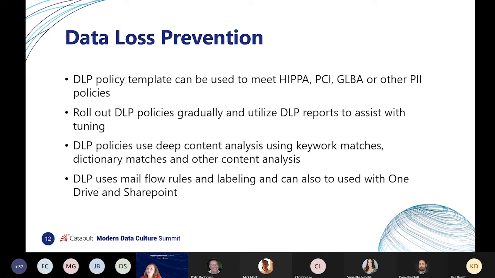Certainly the mail flow rules and the labeling is really important, the labeling to help us understand the sensitivity of the different data. And certainly we can also use this with OneDrive and SharePoint, which is where some of the different files and different data is. And we want to make sure that we're appropriately understanding how to classify that data, how to utilize rules to label it, and do these different things to safeguard it. Next slide, please.